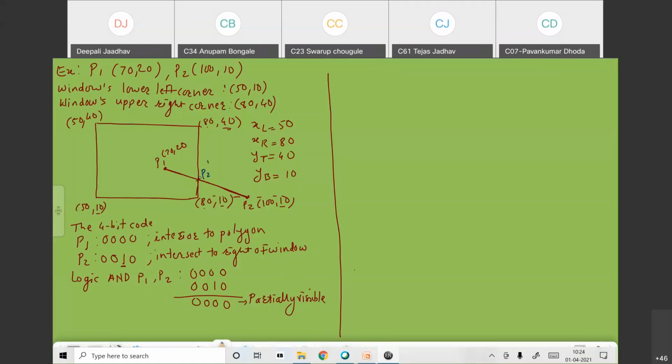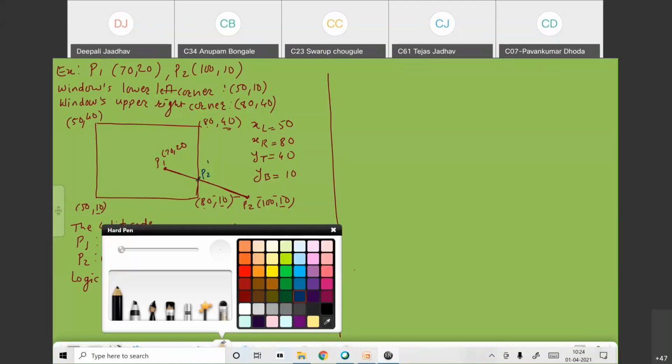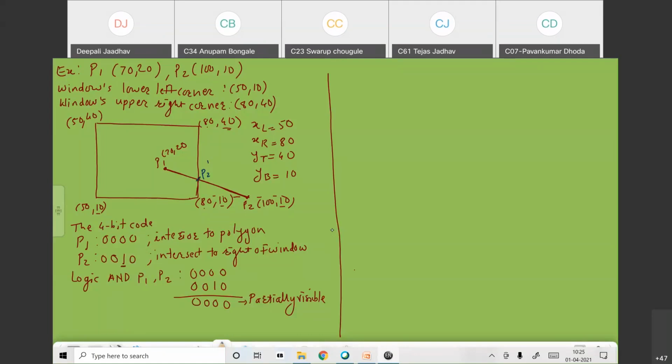Now this intersection we have to find out. So point P1 is interior to the window.